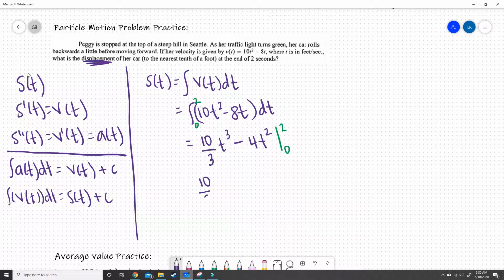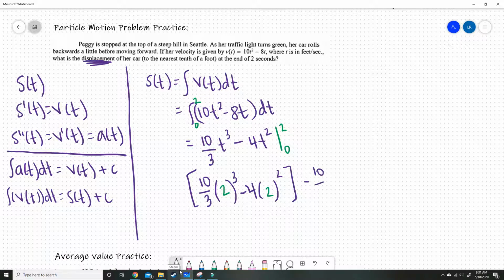So we have 10 thirds times 2 cubed minus 4 times 2 squared, minus 10 thirds times 0 cubed minus 4 times 0 squared.